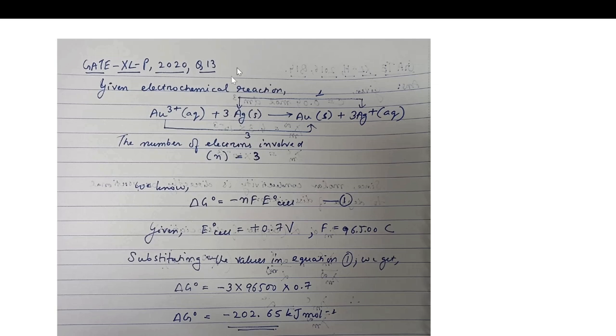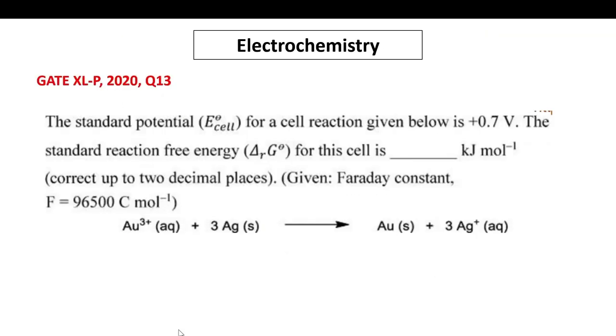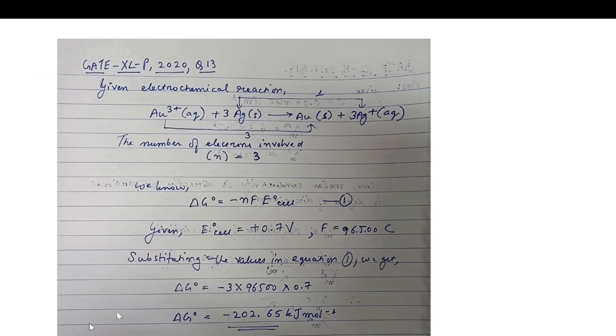And what is the difference between the free energy of your product and the free energy of your reactant? That is given by this del G value, and if it is in standard condition, like E naught cell, then it will be the standard free energy. So the answer of this question, XLP 2020 question number 13, is minus 202.65 kilojoule per mole.